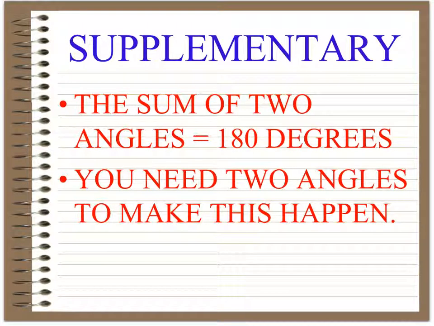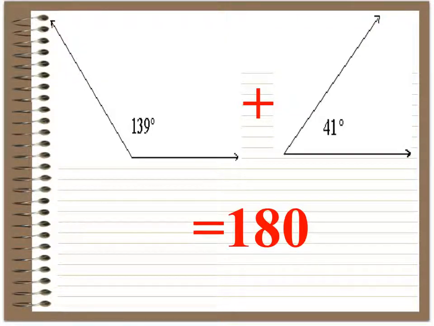Supplementary, again we're using the sum, but this time we're adding to 180 degrees. Again, you're going to need two angles to make this happen. If we look at an example, we're going to take 139 and add it to 41. That again is the sum, so we're adding, and that's going to equal our 180 degrees.